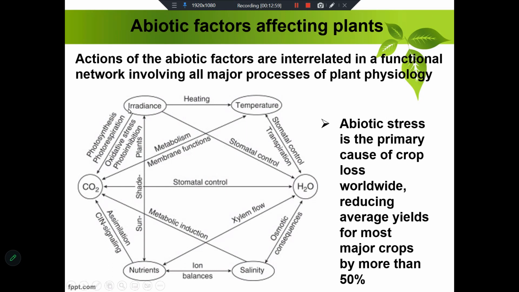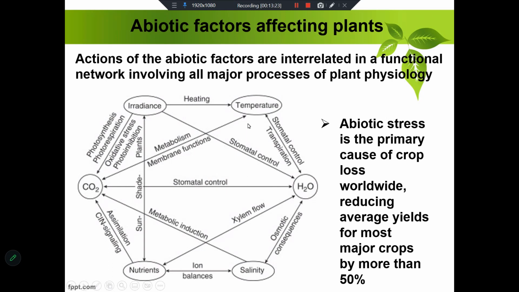In addition to that, temperature, nutrients, and water level can all affect the photosynthesis process. If it is stomatal control, water level, amount of carbon dioxide, and irradiance can all affect it. If it is xylem flow, the amount of nutrients and water.